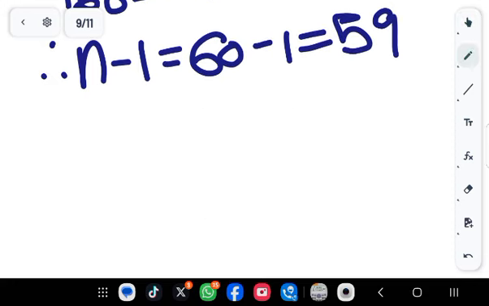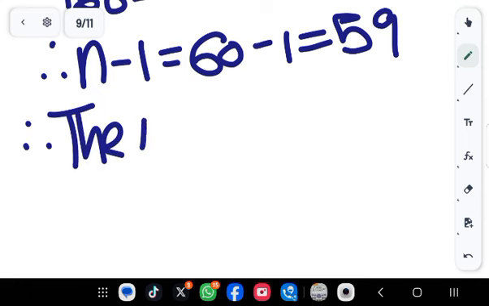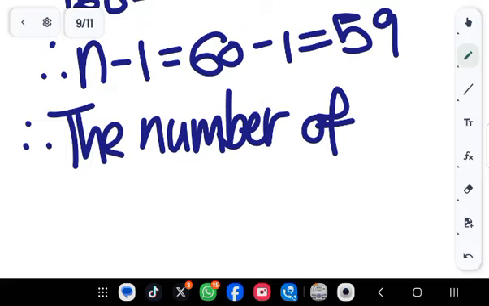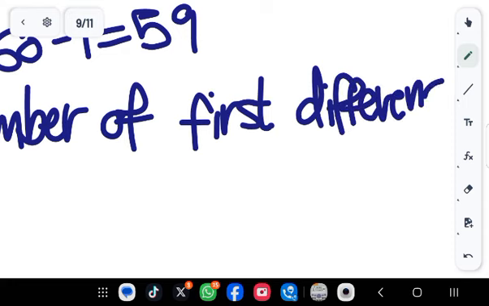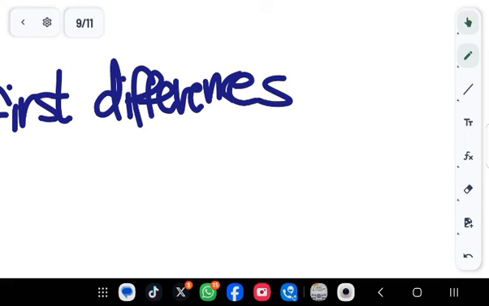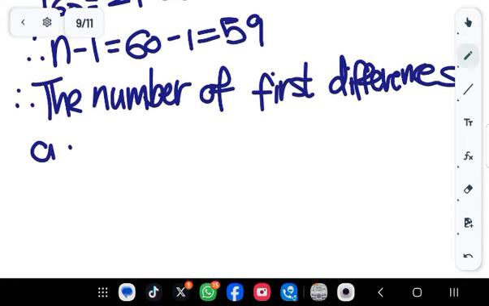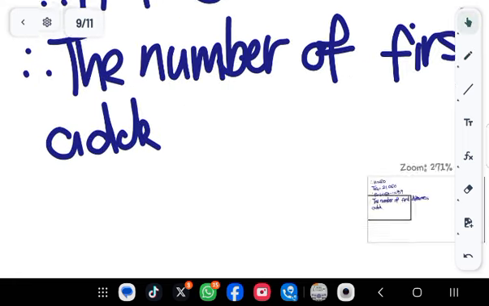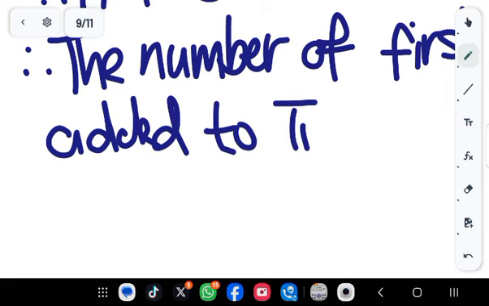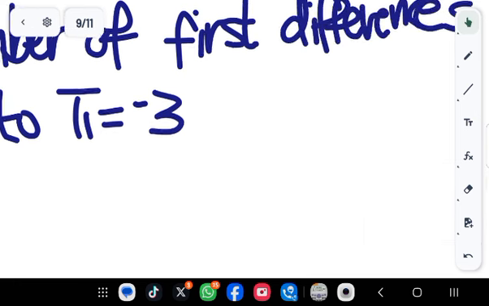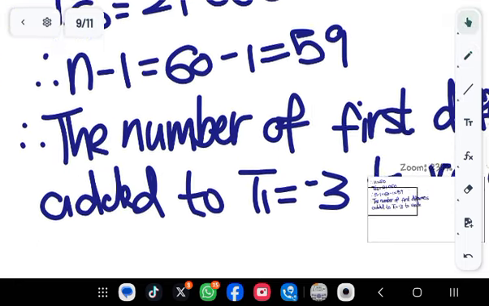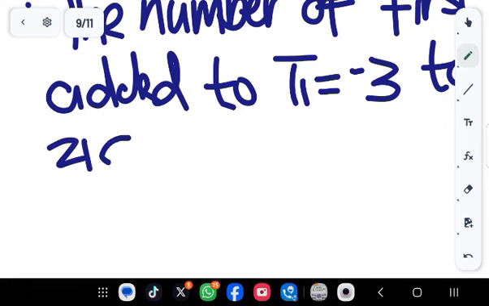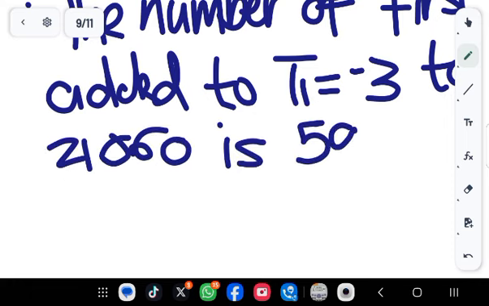Therefore, the number of first differences added to the first term, which is equal to -3, to reach 21,060 is 59 terms.